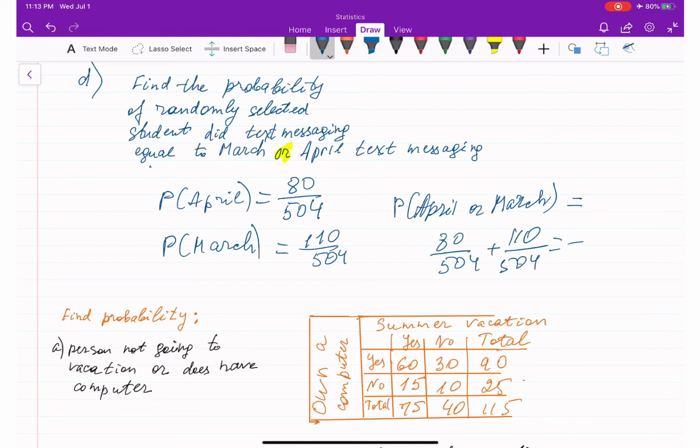So over 504, 110 plus 80 will be 190. We might as well divide 190 by 504. That is 0.38.